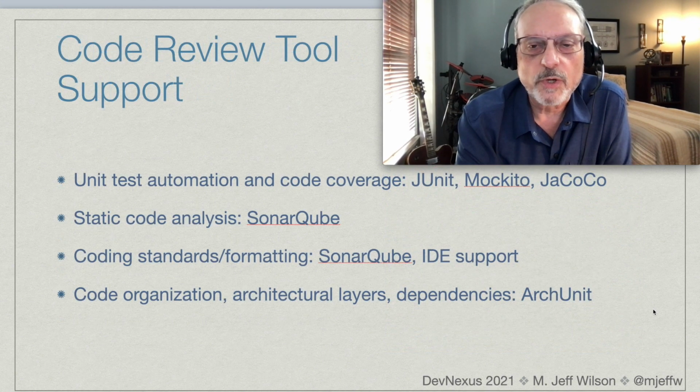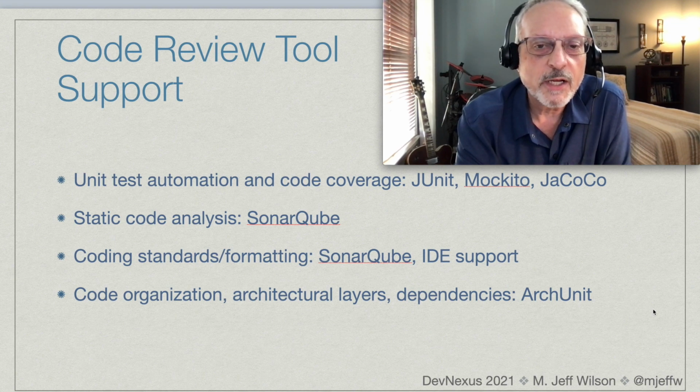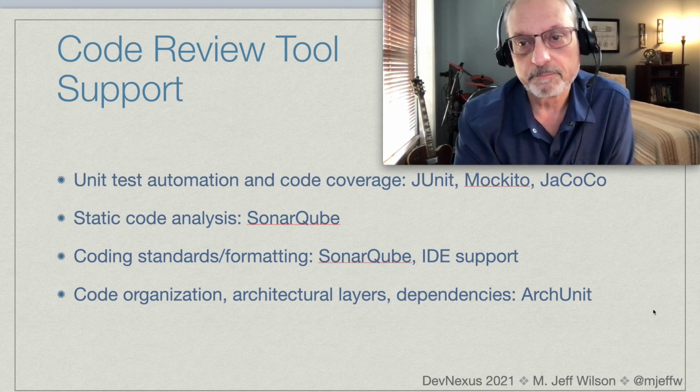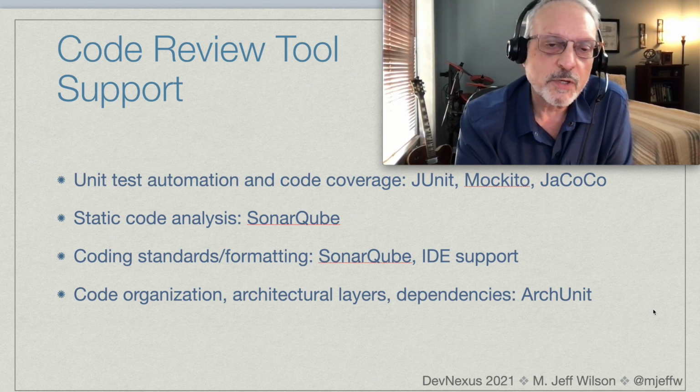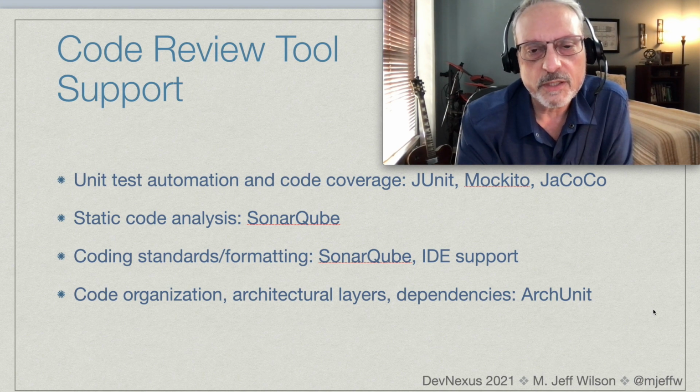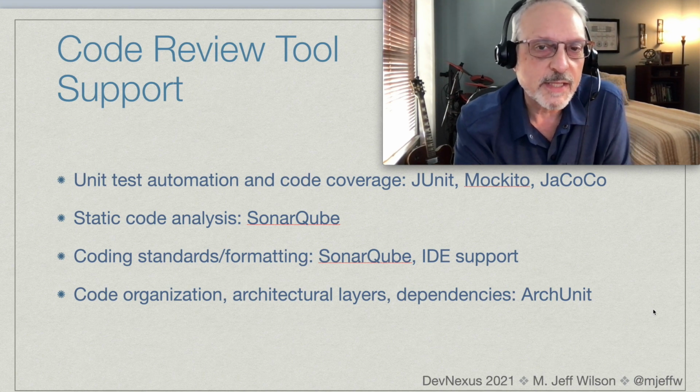So what my teams are working on to help those senior developers make sure that the architecture remains as it's defined is we're starting to lean on automation and tooling. The teams I'm currently working with have a strong unit test discipline. They not only write and run their unit tests, they measure coverage.